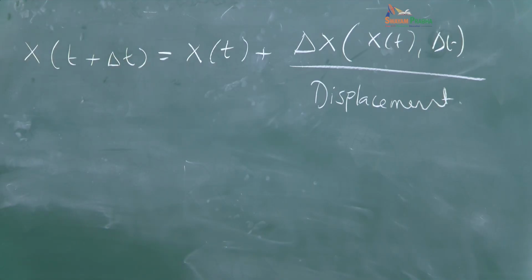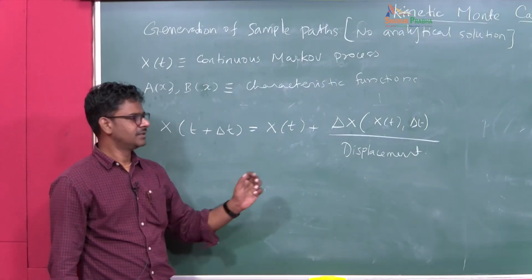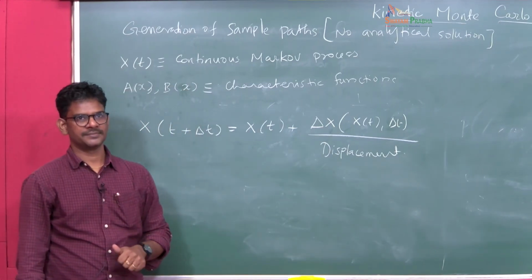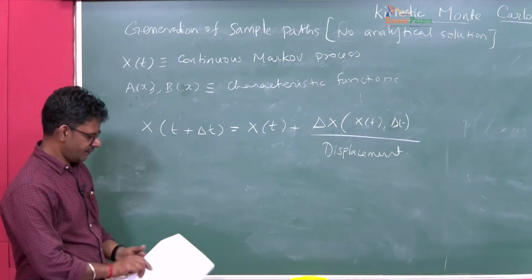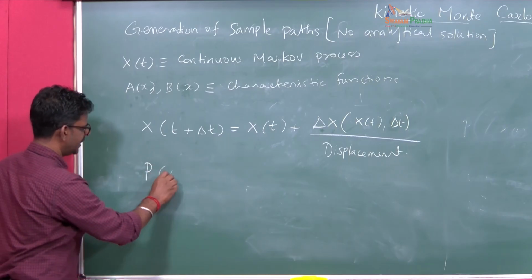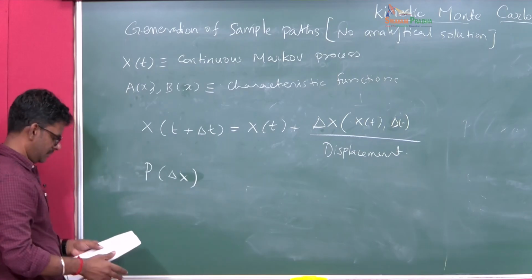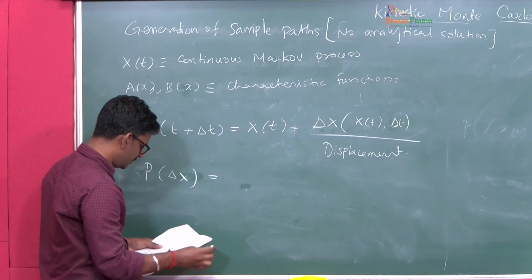It turns out, and I have given the proof in my notes, that regardless of the underlying distribution of x, this displacement will always be a Gaussian random number. So the proof of this is given in my notes. So we say that the probability of this displacement delta x actually follows a Gaussian random variable.